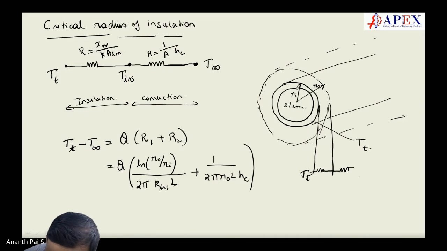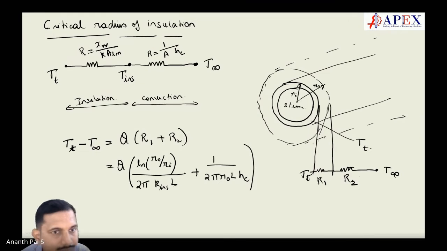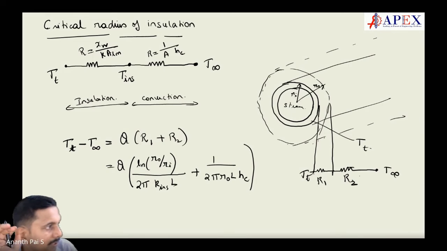Then you have convection. R2, R1. It's not the inside one. So we are worried about the temperature of the tube and inside insulation, outside insulation. The temperature of that steel tube is important.